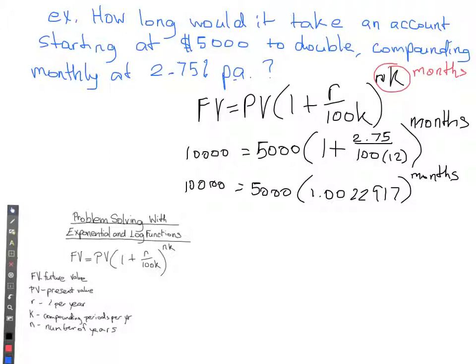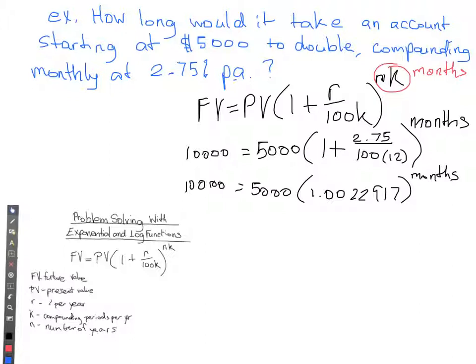Notice that I've used so many decimal places, because we're going to raise it to a large number of months. There's a big difference between raising 1.00 to a big number and raising 1.0022917 to the number of months. So I'm using 5 digits after my last 0. I would advise you to do the same or even more.